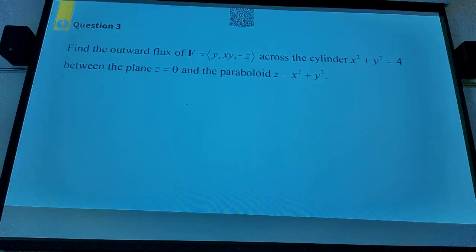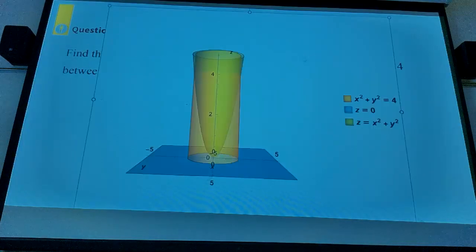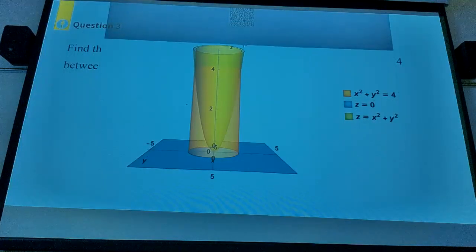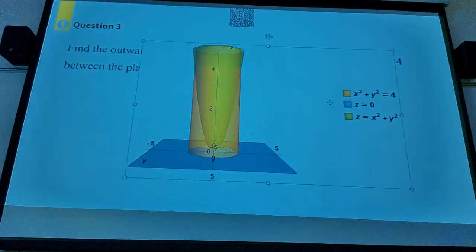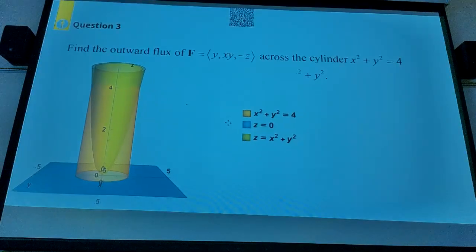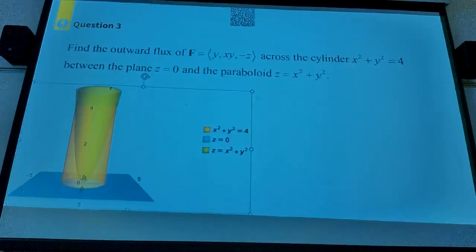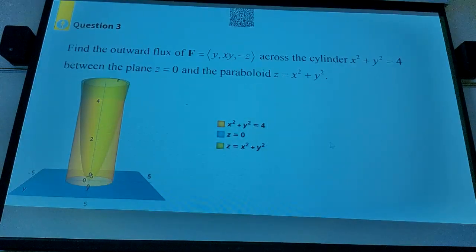That's good. How many times can you yell, keep it in? There we go. There is the surface.